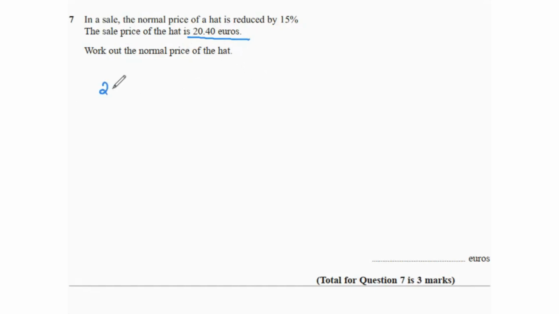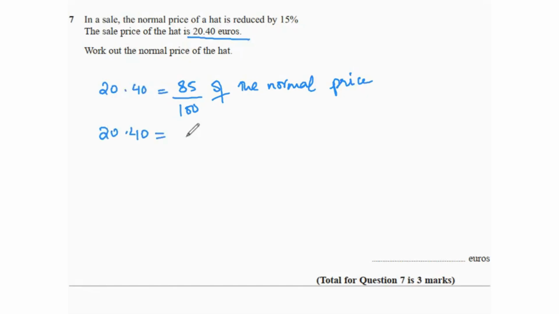So 20.40 is equal to 85% of the normal price. So that's going to be 20.40 equals 85 over 100 times x. I'm saying that the normal price is represented by the variable x.